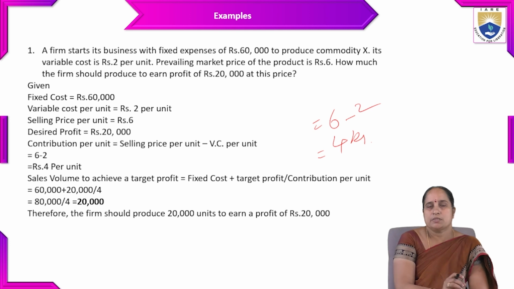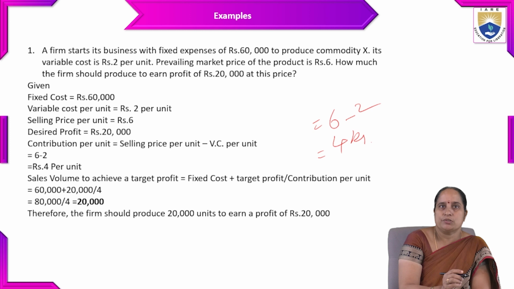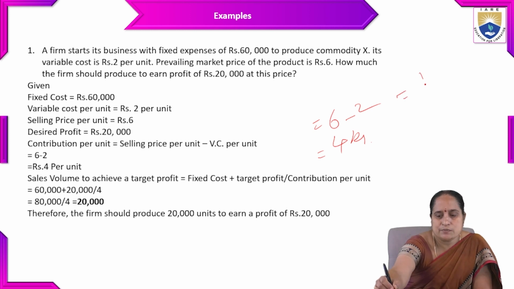Now we have to find the sales volume to achieve a target profit. That can be derived as fixed cost plus target profit divided by contribution per unit.